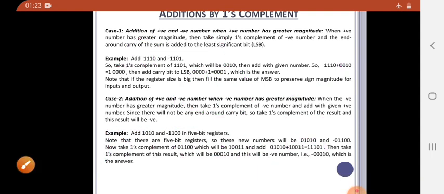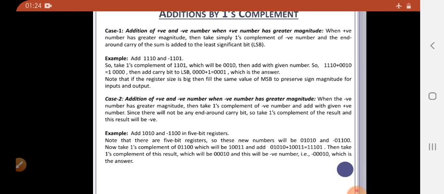Now the second case: addition of a positive and a negative number when the negative number has greater magnitude. In that case, what will you do? In the first case, you saw that the magnitude of the positive number is greater, but if the magnitude of the negative number is greater, then what will you have to do?